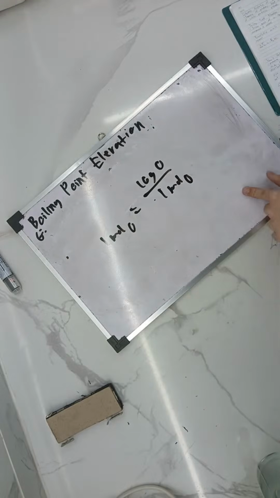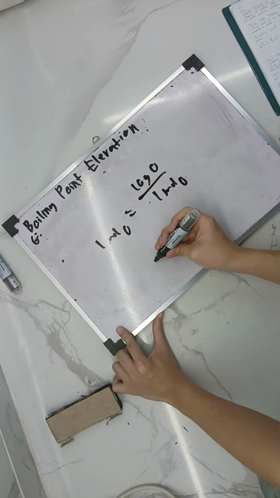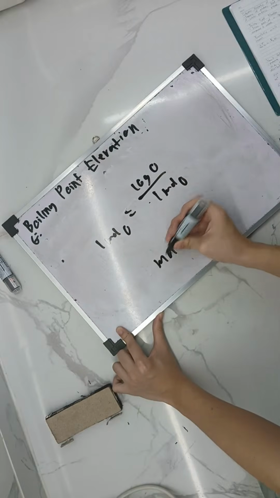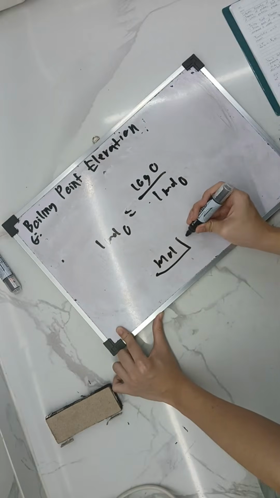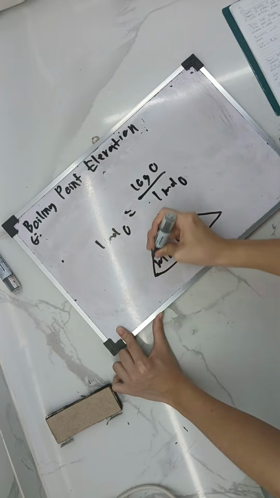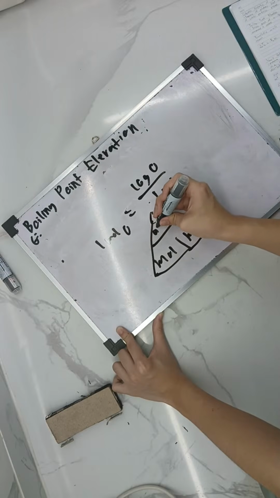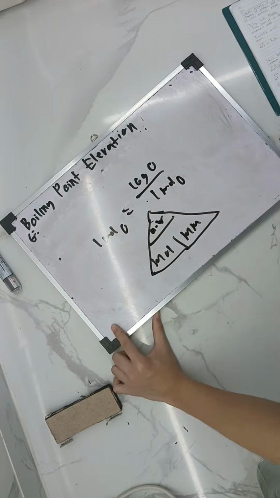So it looks like this. You can apply the same thing, because this is just your mole here in this value. You have your molar mass in this side. And then at the top, you have your atomic weight, which I'll put as A.W.